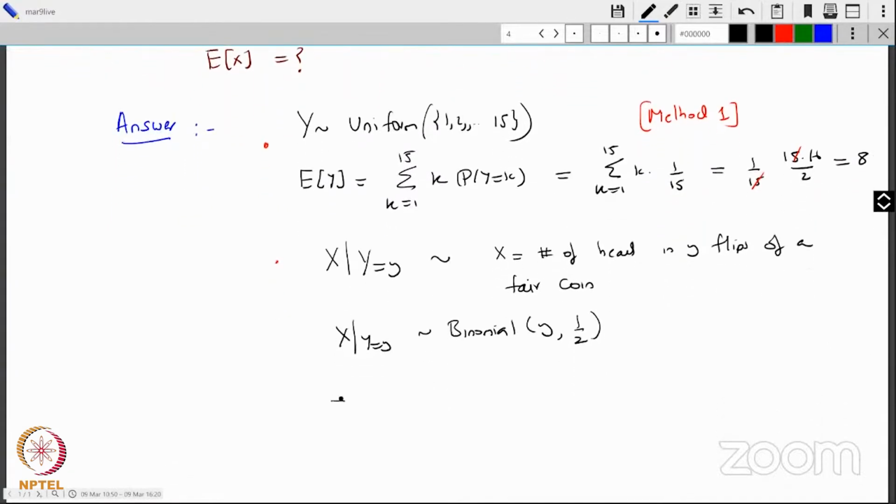This implies that E of X given Y equal to y is the mean of the binomial, which is y times half, which is y by 2.